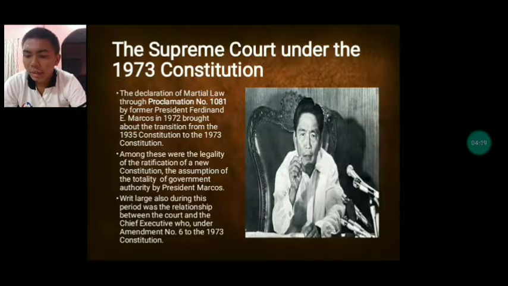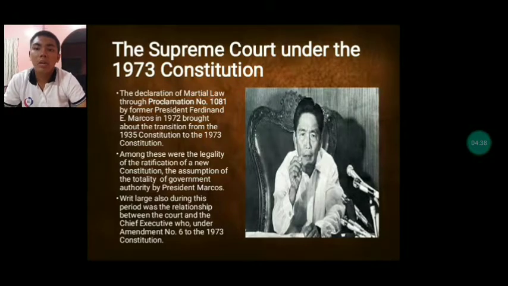The 1973 Constitution increased the number of members of the Supreme Court to 15, with the Chief Justice and 14 Associate Justices. The justices of the court are appointed by the President alone, without the consent, approval, or recommendation of any body or official.